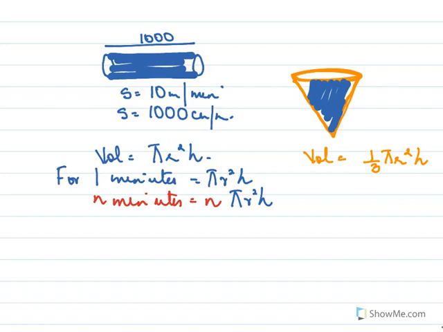So we have volume pi r square h, volume from the cylinder or from the pipe goes into the cone. So we equate this, and that's how we get the time, that is n minutes. You can put t also instead of n.